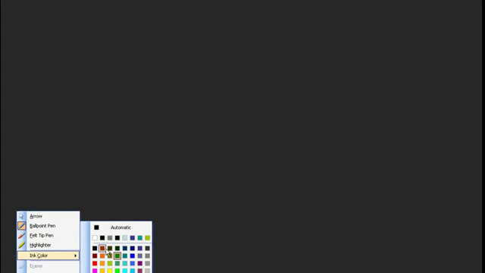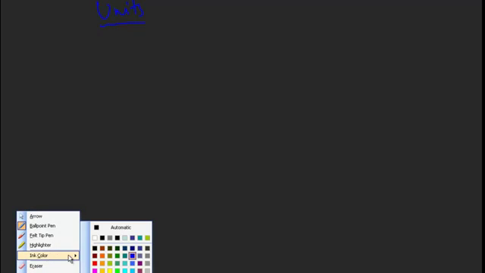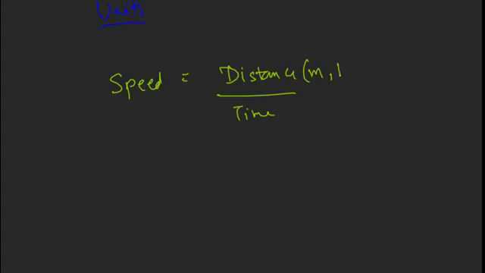Now the next thing that we need to talk about is units. What are the units of speed, distance and time? Speed is equal to distance upon time. Distance can be in meter, kilometer, or centimeter.